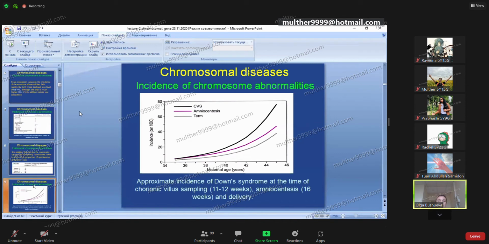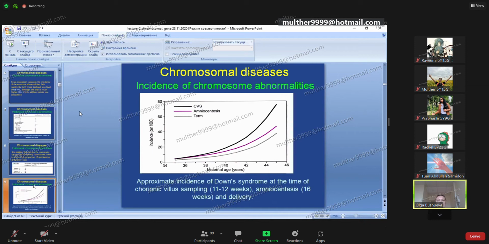On this slide, you can see the correlation, the results of scientific research demonstrating the correlation between maternal age and incidence of chromosomal abnormalities. These chromosomal abnormalities were detected using chorionic villus sampling and amniocentesis.